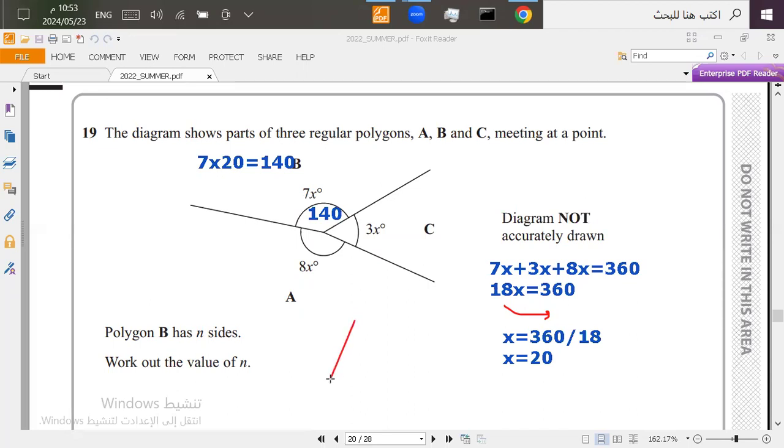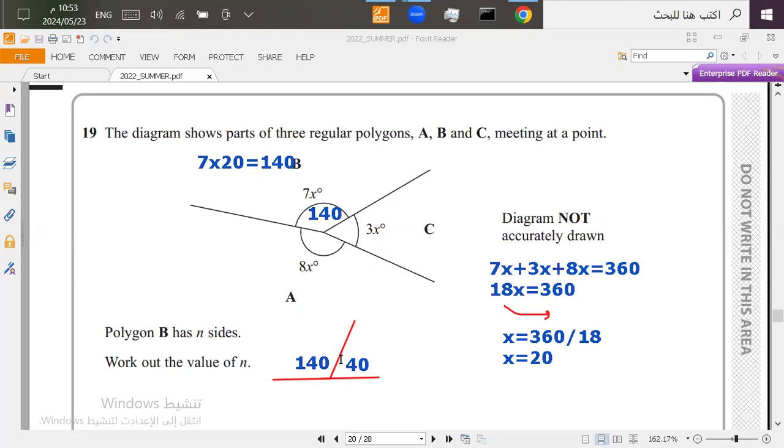Imagine this is the polygon, so the interior angle is 140, like this. Now I can find the exterior angle, which equals 180 minus 140. So the exterior angle of the shape will be 40.